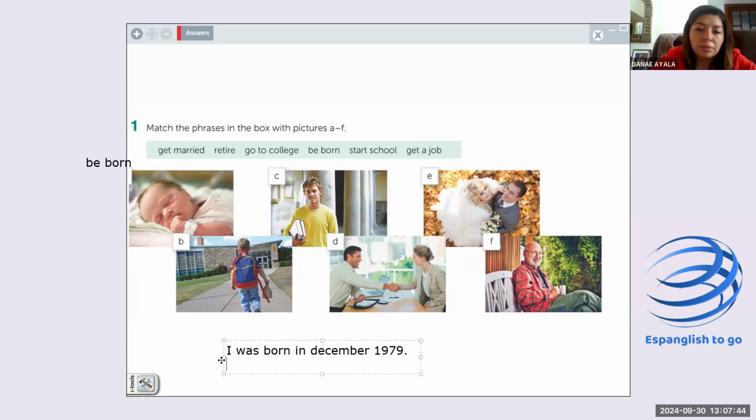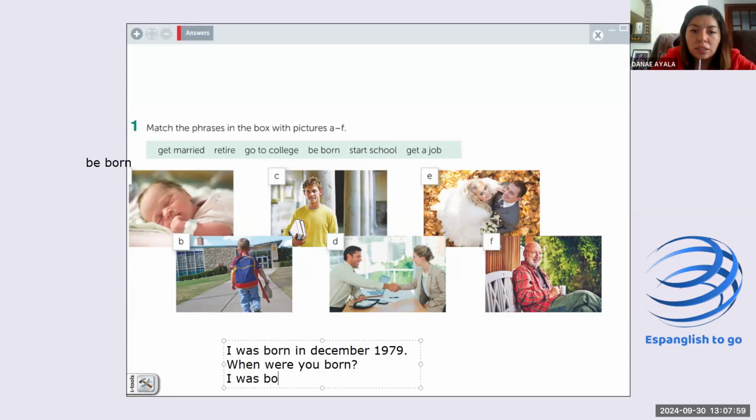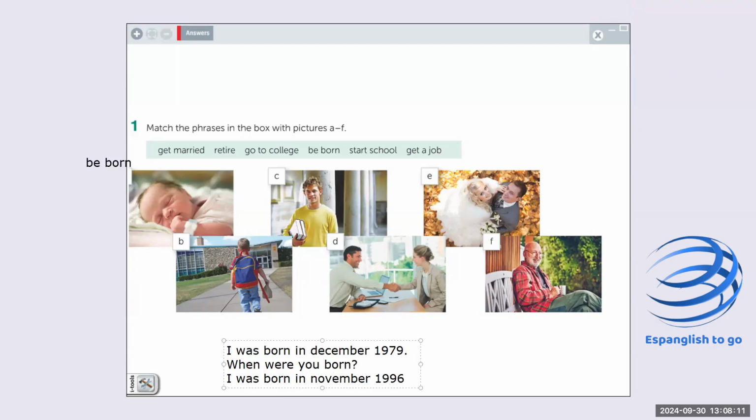Danae, when were you born? I was born in November 1996. Perfect. Then we have letter B, C, D, E, and F.